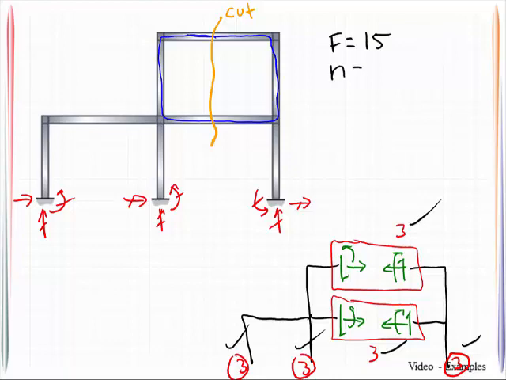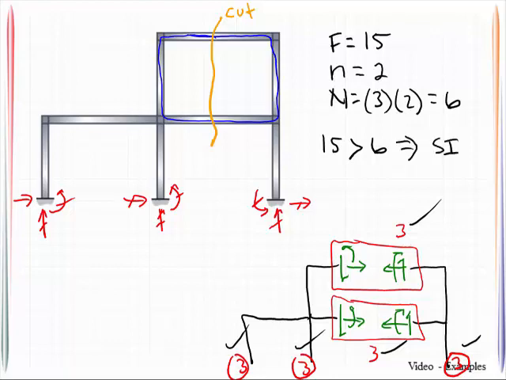We made 1 cut, which creates 2 structural pieces. And so we have 3 equations of equilibrium per piece, 2 pieces. That gives us a total of 6 equations of equilibrium. So that means 15 is greater than 6. So we are statically indeterminate.